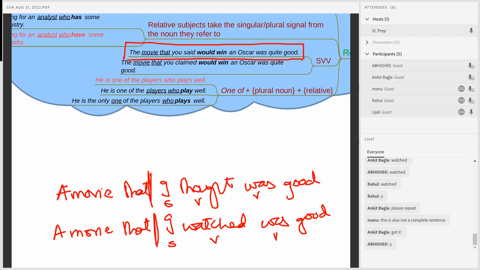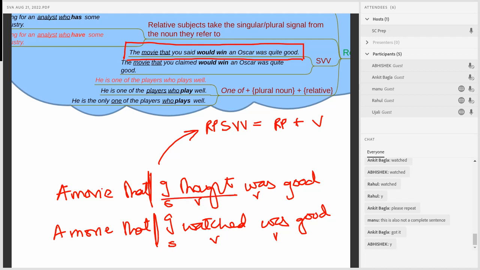No, you read this as a movie that was good in the first step. So, excellent. You reduce the SVV to something else. So we reduce the first one from RP followed by SVV to RP plus V because you removed the first SV.